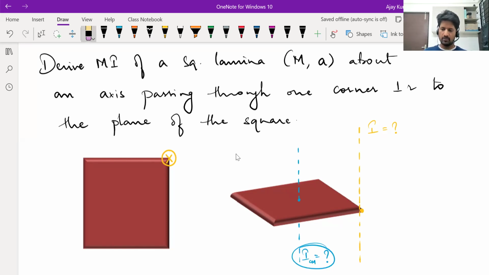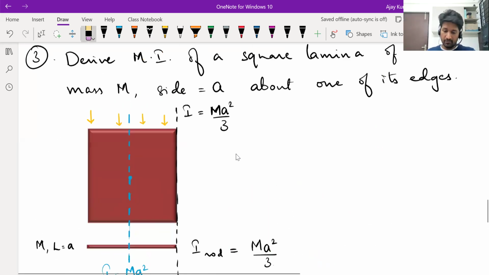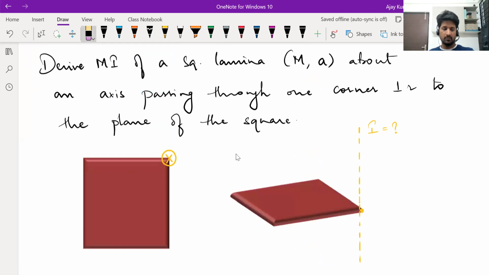So as such, you cannot apply parallel axis theorem because we don't know the moment of inertia of this square about an axis passing through its center of mass perpendicular to it. Of course, we derived moment of inertia about an axis passing through center lying in the same plane as the square. But now that result cannot be used here because this given axis is not parallel to this one.